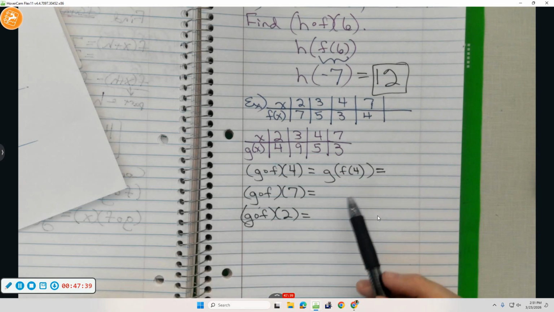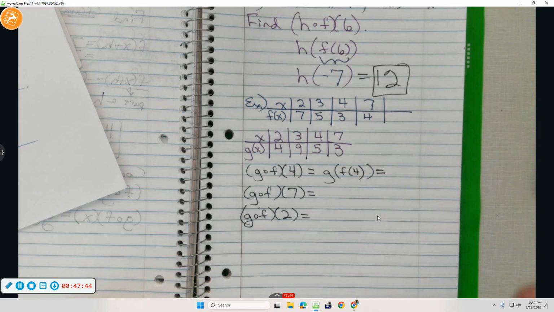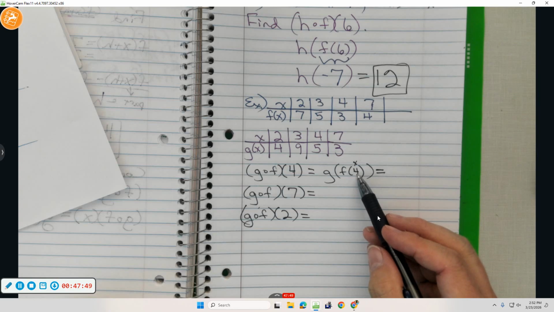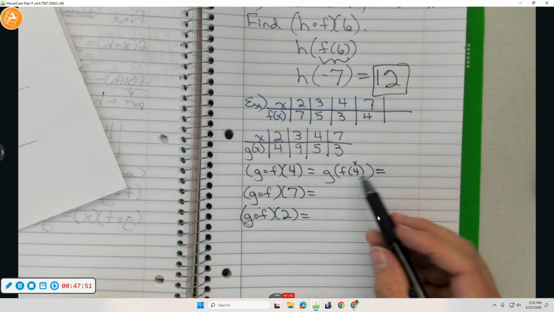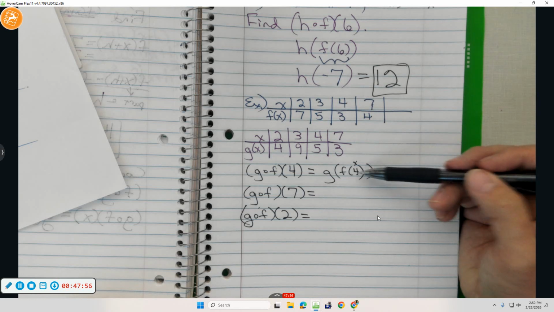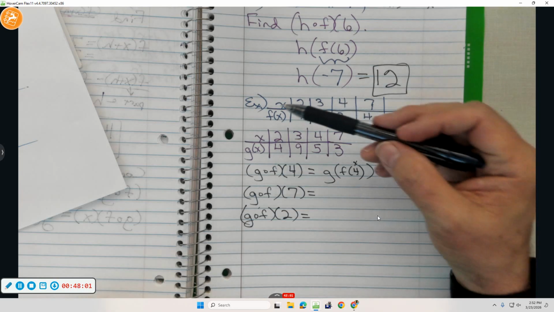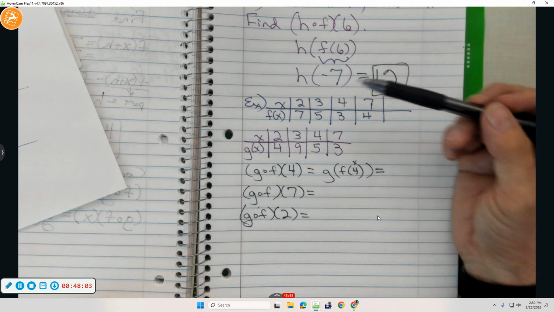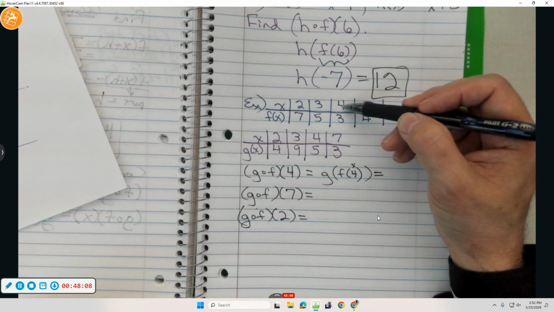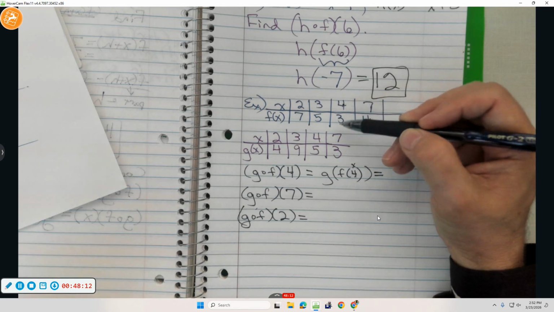First thing we need to do is find f of 4. Look at the function f. The function f assigns the x value. That number there is the x value for f. F of 4. What number is 4 assigned to when you use the f table? You're using the f table. 4 is the x value, so 4 is assigned to 3.